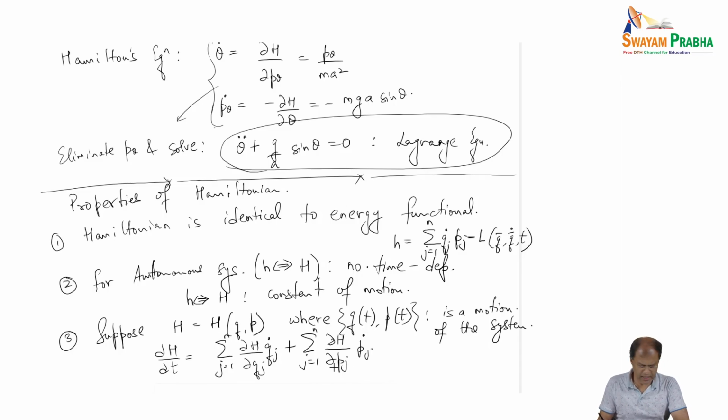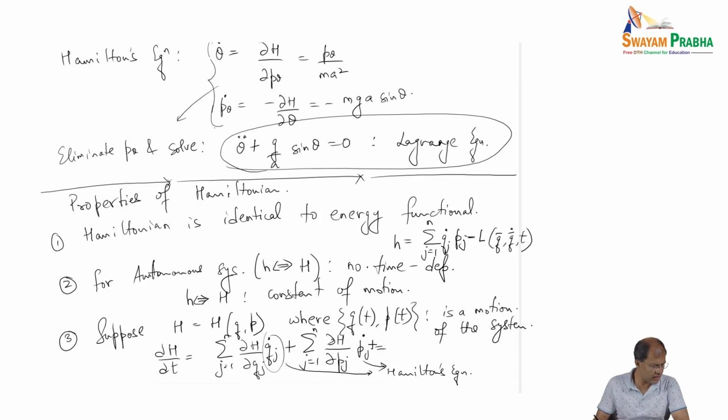And now I can introduce, well, Qj dot is nothing but partial H partial Pj, and Pj dot is minus partial H partial Qj using our Hamilton's equation, right?